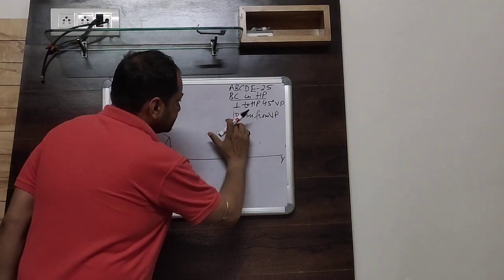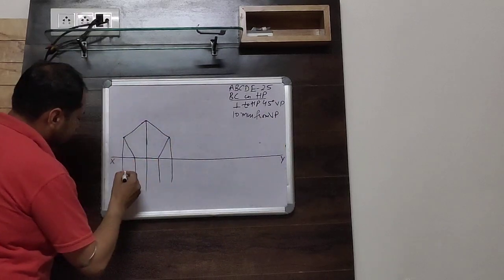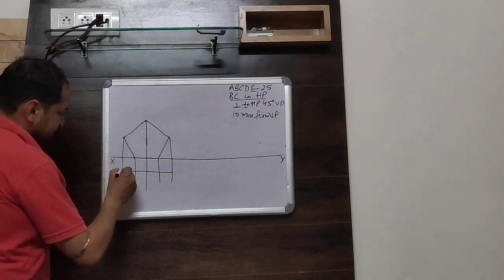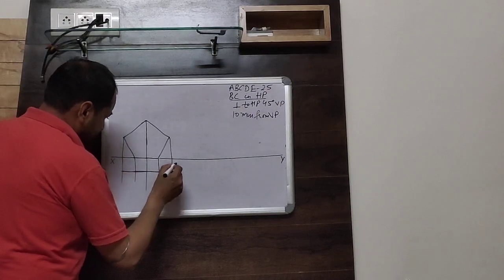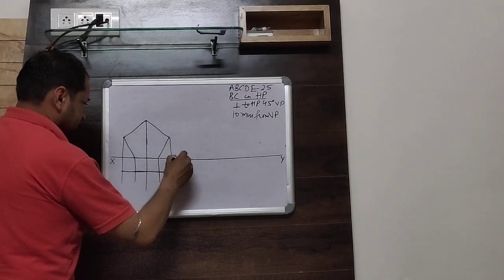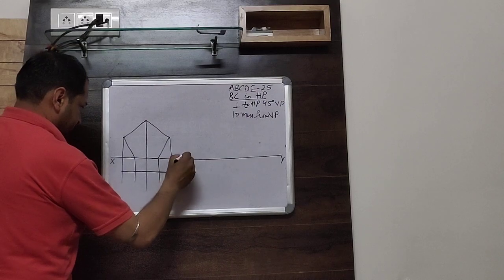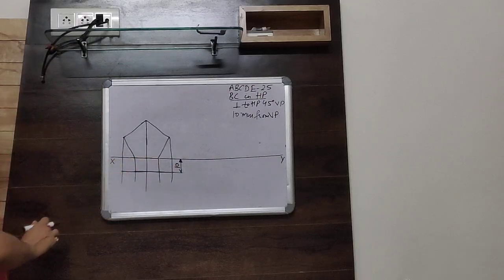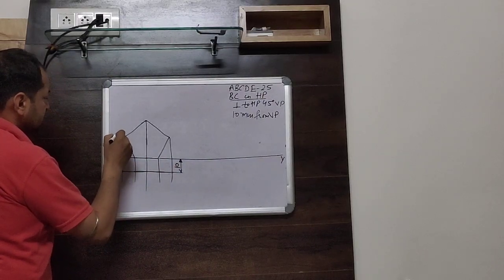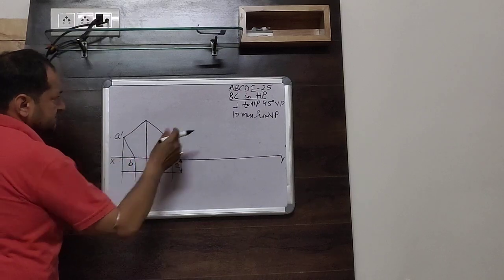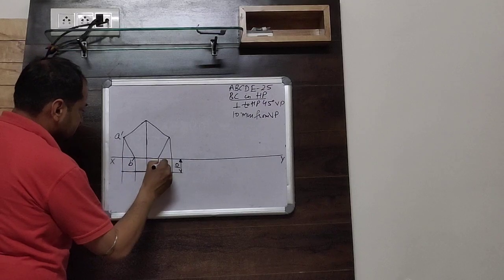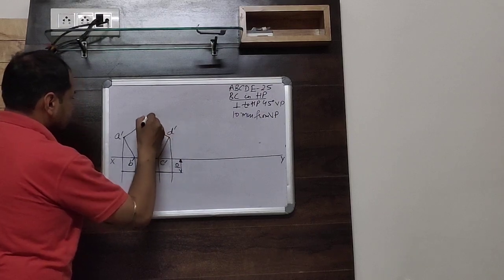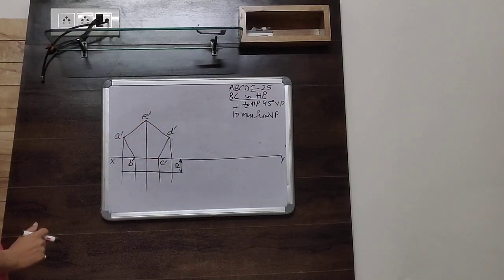It is given that its nearest corner is 10 mm away from VP, so mark its top view at 10 mm from the reference line, and mark its points as A dash, B dash, C dash, D dash, and the last one E dash.